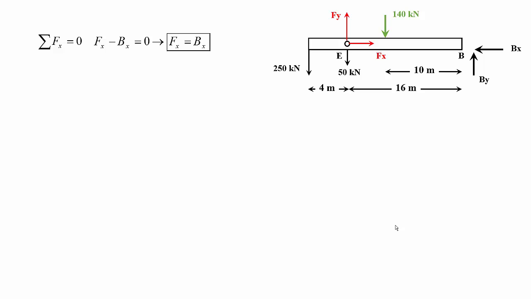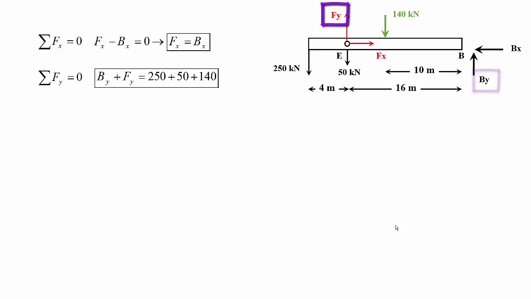So let's jump into the second equation, the summation of the forces in the y direction. What do we have? We have By plus Fy equals 250 plus 50 plus 140. Now, again, I have By and Fy, two unknowns. Let's do the third equation and see if we can get something out of it.